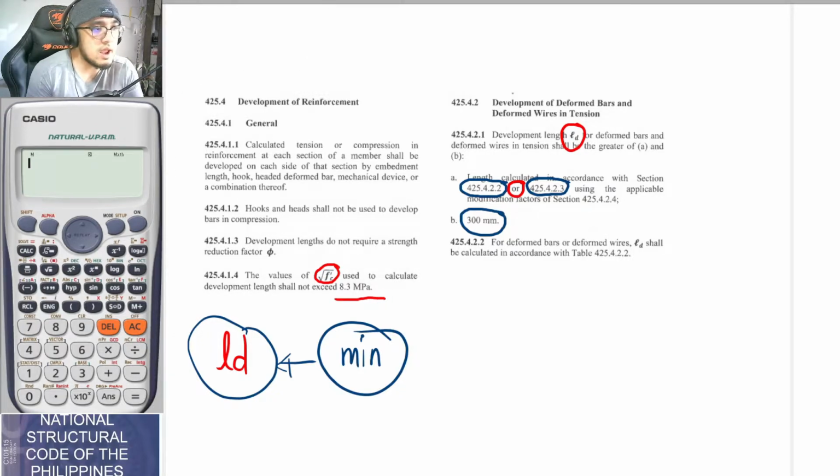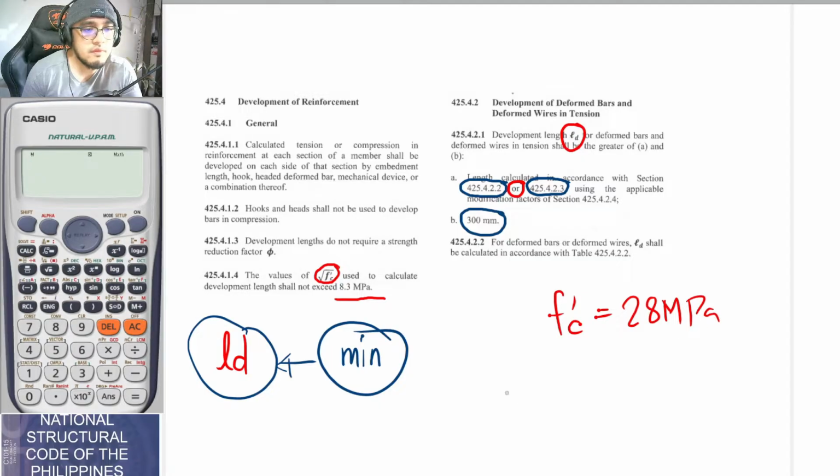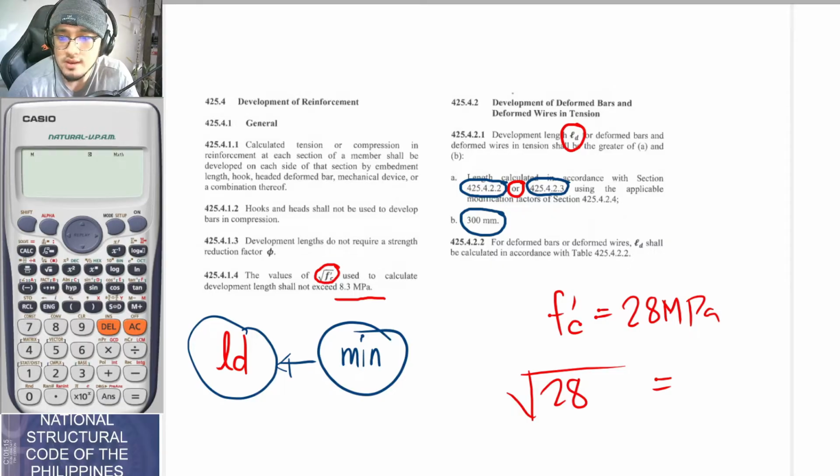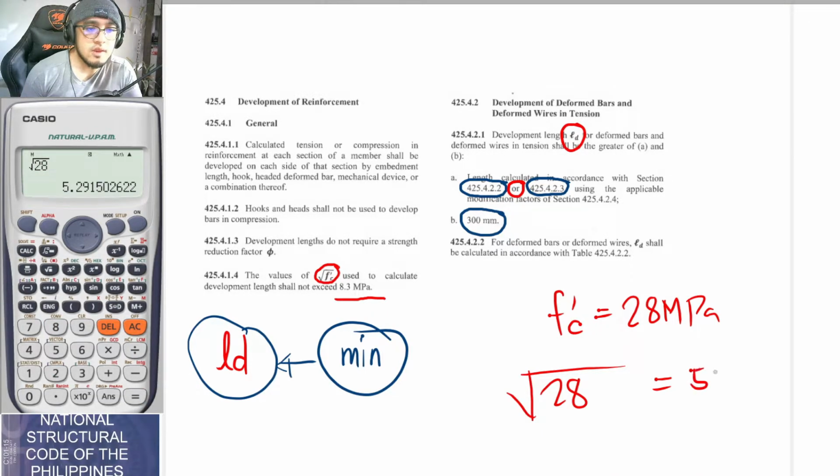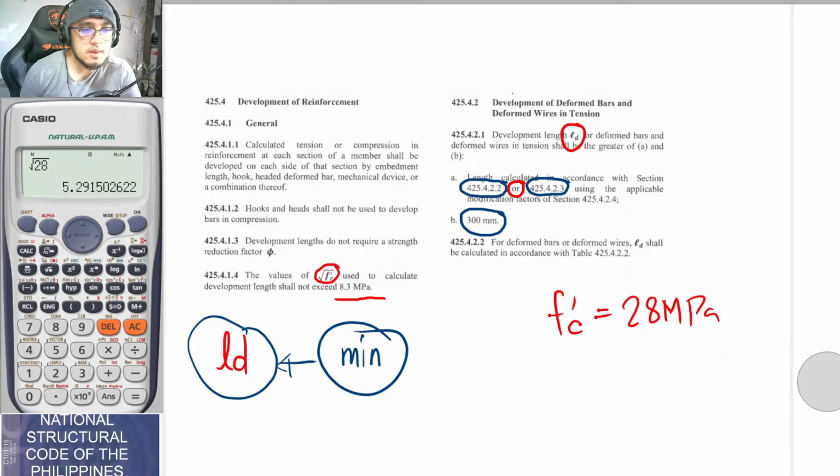Since our F prime C is to be 28 megapascal, looking at the calculator to your left, the square root of 28 is to be equal to 5.29. So it is to be less than 8.3 megapascal, so we can use this actually. If we are to check for the limit, what is to be the value of your F prime C?